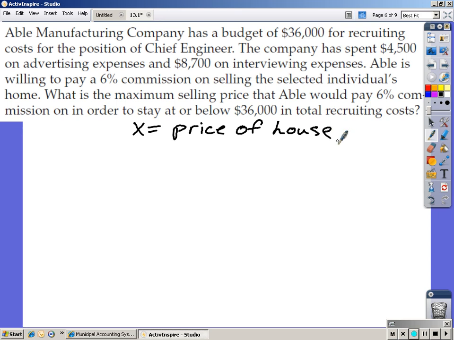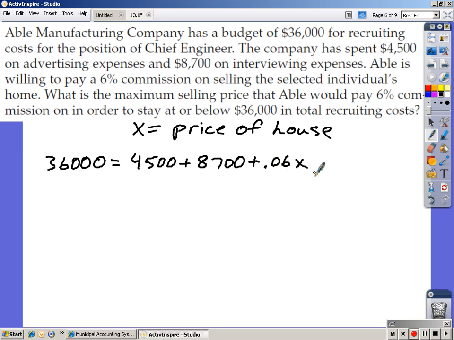Now take the $36,000, the most they want to spend. $36,000 has to equal all the expenses. Your first expense is $4,500 plus $8,700 plus 0.06 of the house that they're trying to sell.